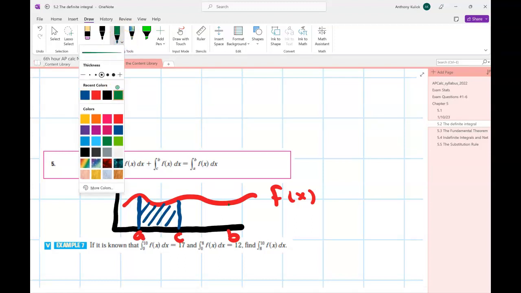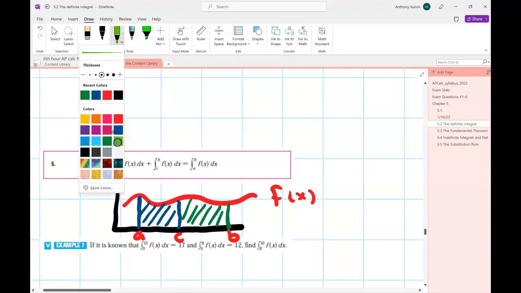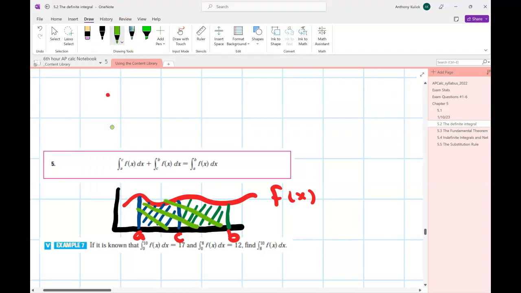If you're talking about C to B, we're talking about this area. And then the integral from A to B is this whole area. So if I add up the blue area and the green area, I should get the light green area, right? That's all this is saying.